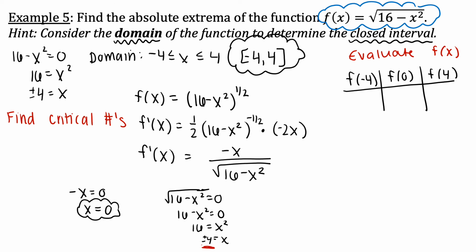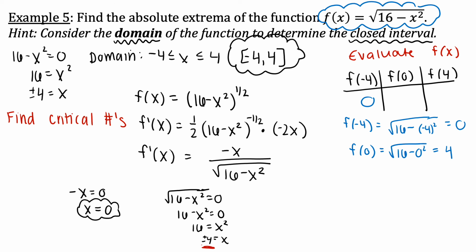If we plug in f of negative 4, we get the square root of 16 minus negative 4 squared, which gives us 0. If we plug in 0, we get the square root of 16 minus 0 squared, which is the square root of 16, which is 4. And if we plug in 4, we get the square root of 16 minus 4 squared, which is 0.